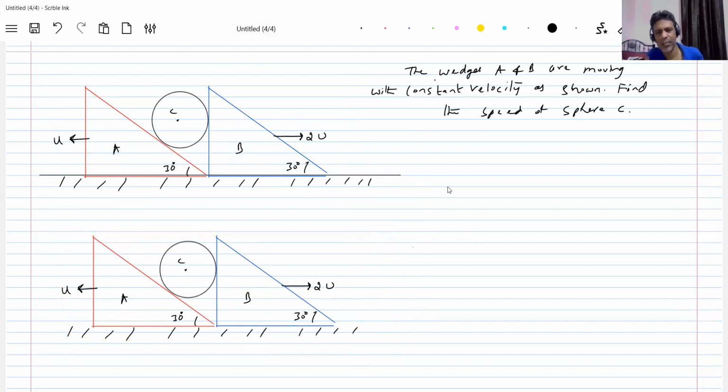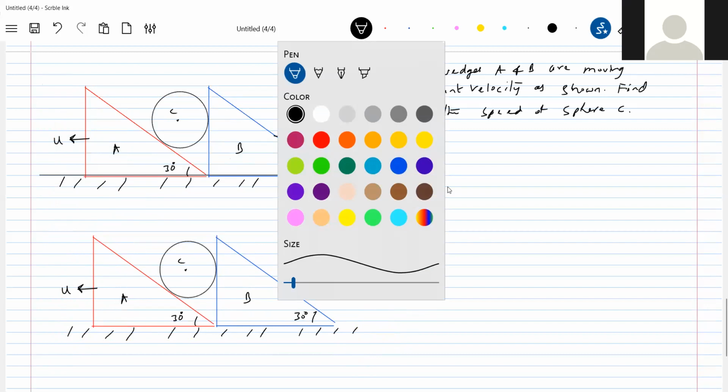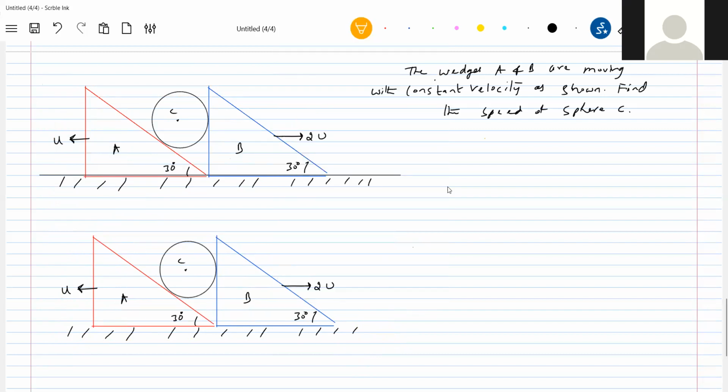That much we can say. Yes, sir. Root 13 by 2u. Root 13 u by 2.